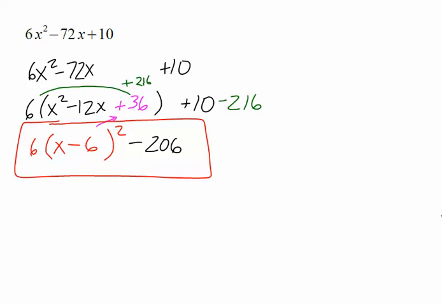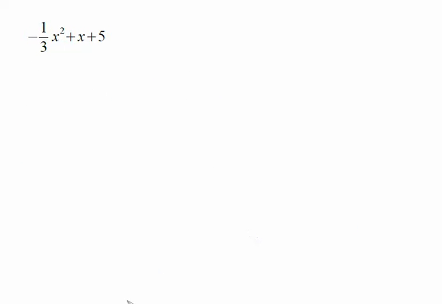One last example in this tutorial. What if we've got a fraction attached to the x squared? Again, we start by just keeping the variable terms together and putting the constant number off on the side. We factor out what was attached to our x squared, and we factor that out from both variable terms.